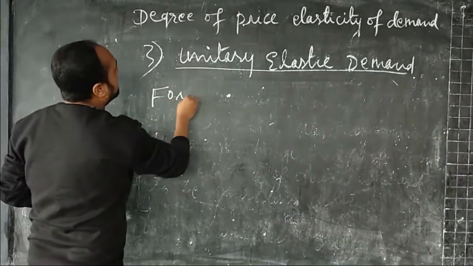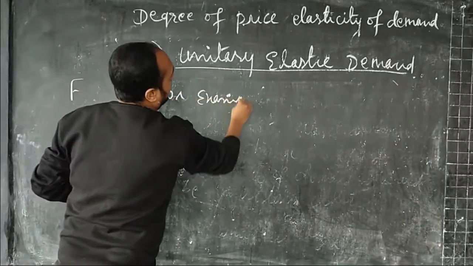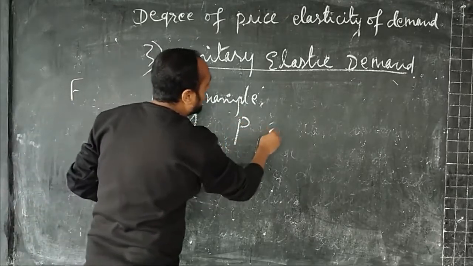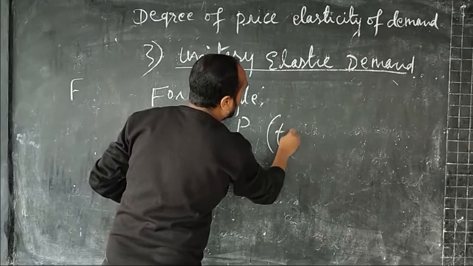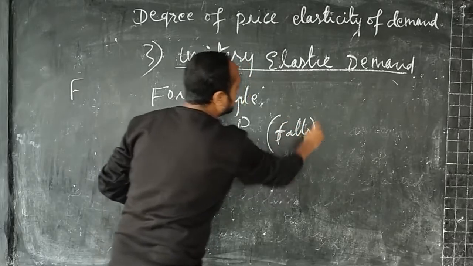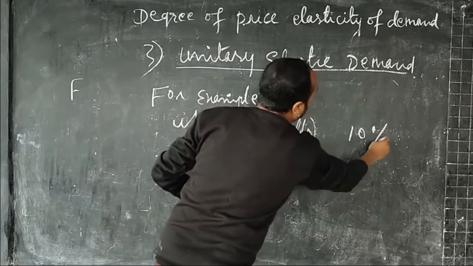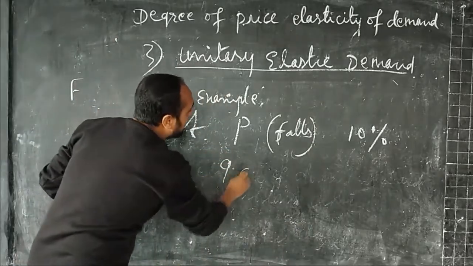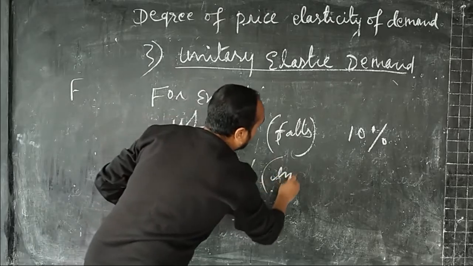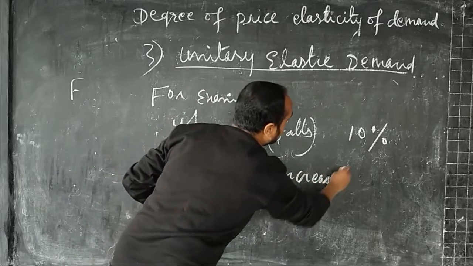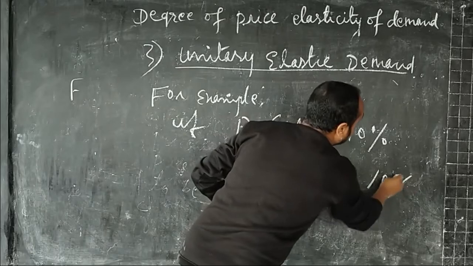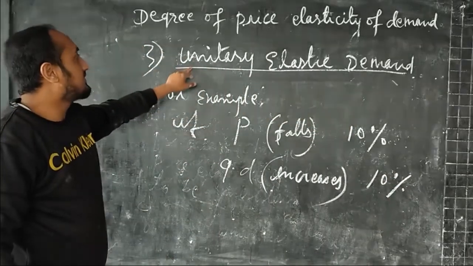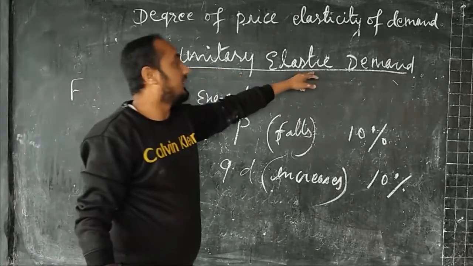For example, if the price falls by 10%, due to that, suppose the quantity demand increases by 10%, then the price elasticity of demand is known as unitary elastic.